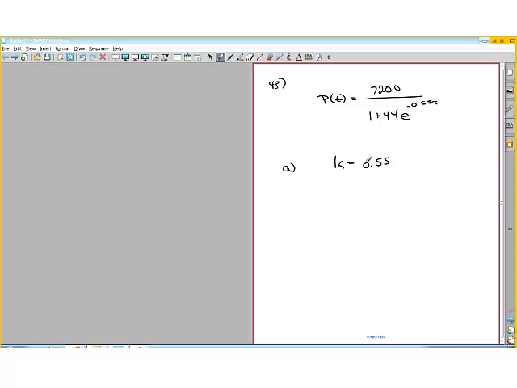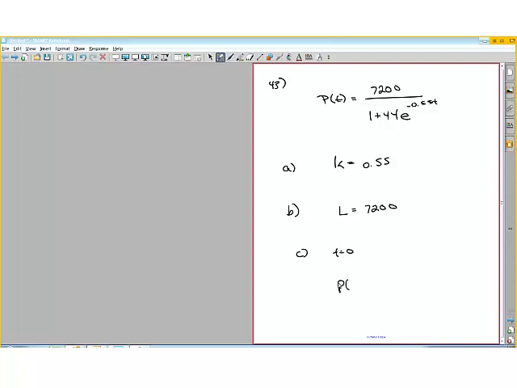Okay. L, the carrying capacity, is this number at top. So L is equal to 7,200. C. Find the initial population. Well, that's when t equals 0.